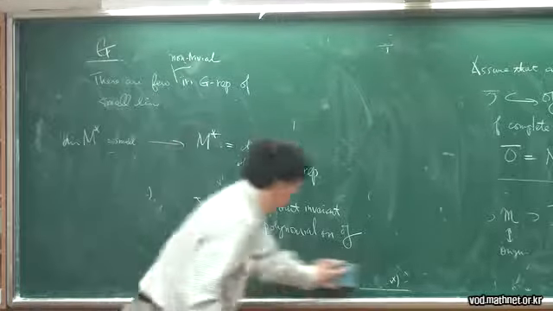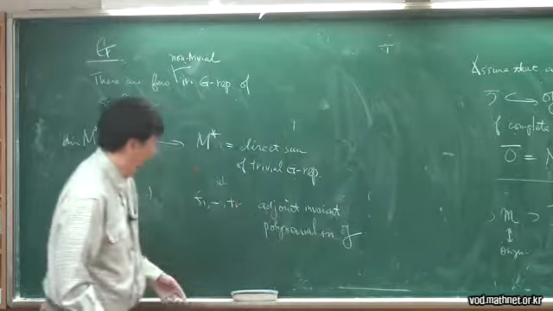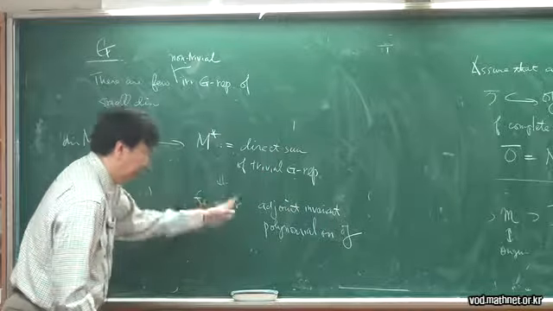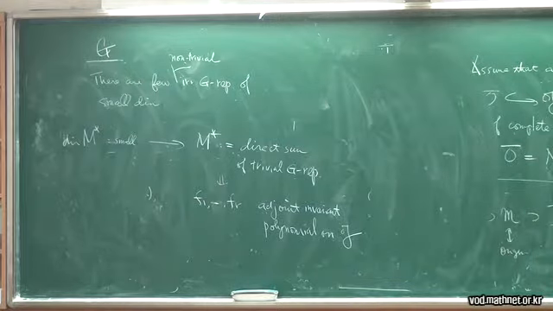G acts on g adjointly, so for such an action, this is invariant. But O bar is the common zeros of such things.